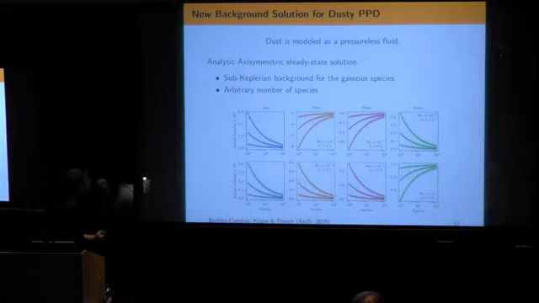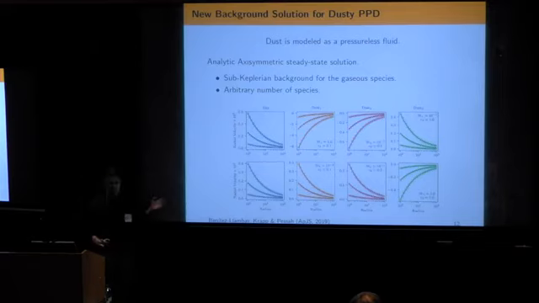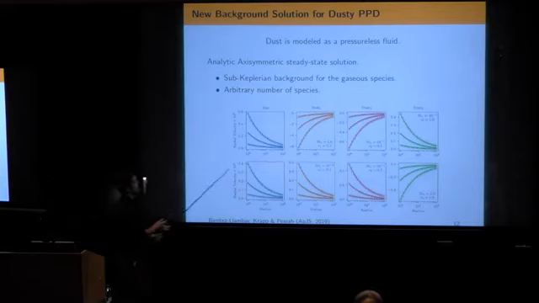What we did was assume that the background for the gas is indeed a sub-Keplerian equilibrium, not a Keplerian equilibrium, and then we put in an arbitrary number of species, and after that we find the solutions, which correspond to the solid black curve.